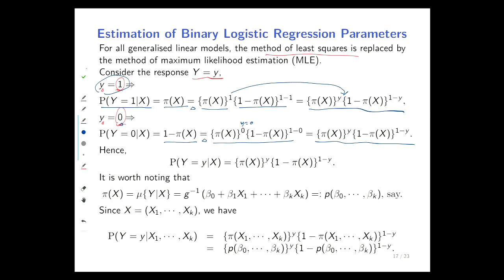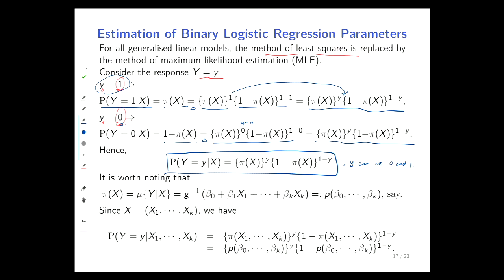So we have a unified formula for the probability in this binary logistic regression model case. Small y can be 0 or 1, so it doesn't matter, because this probability formula works for both 0 and 1.